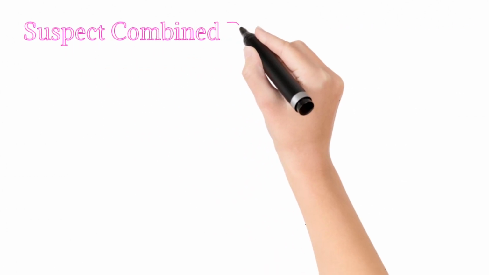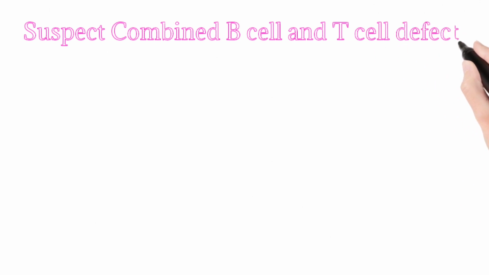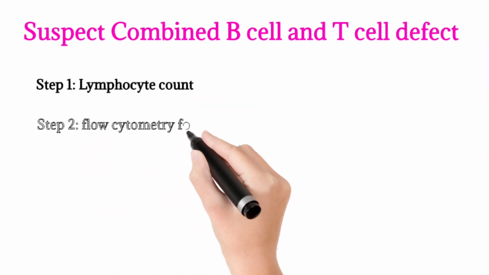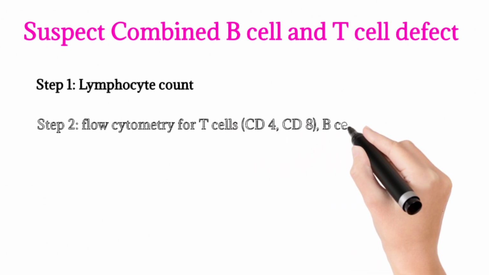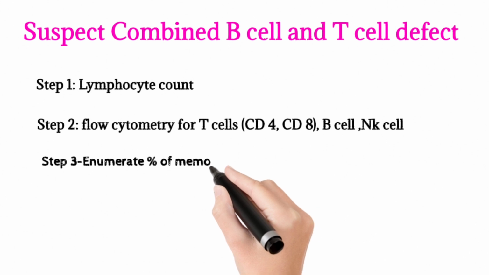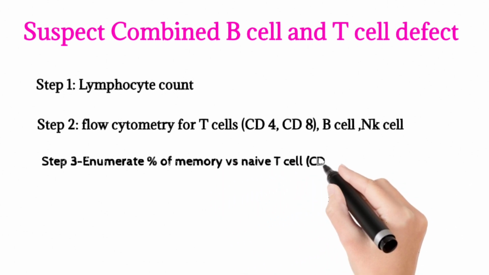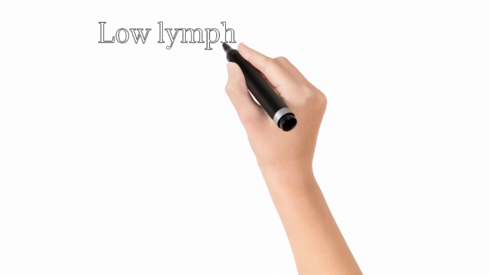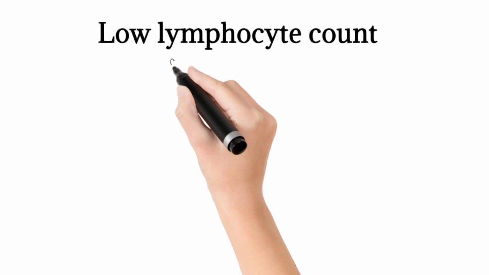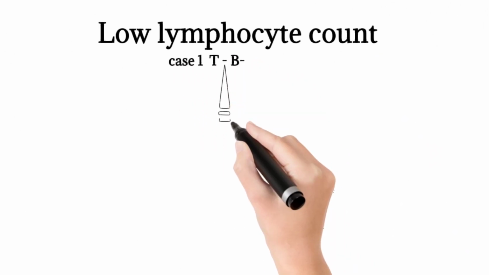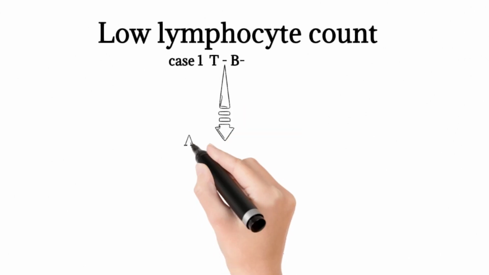Now, when to suspect combined B cell and T cell defect? We have the following steps. Step 1, we go for lymphocyte count. Then we go for flow cytometry for T cells, B cells and natural killer cells, and enumerate percentage of memory versus naive T cells. If we get low lymphocyte count, case 1 we have T negative, B negative, means no T cell, no B cell.